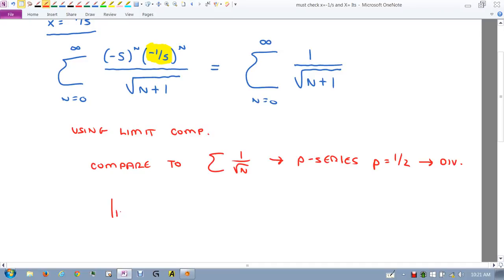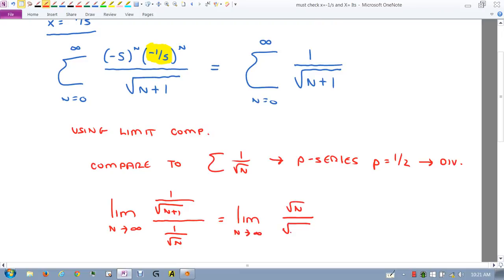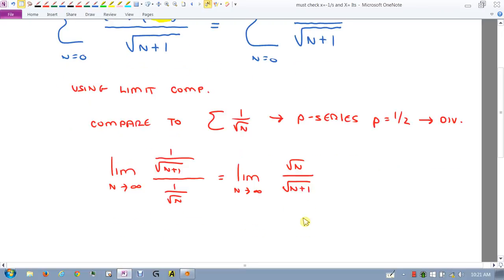So I take the limit as n goes to infinity of my series, which is 1 over the square root of n plus 1, over the series I'm comparing it to, 1 over root n, and then I just reciprocate. What does that limit turn out to be?